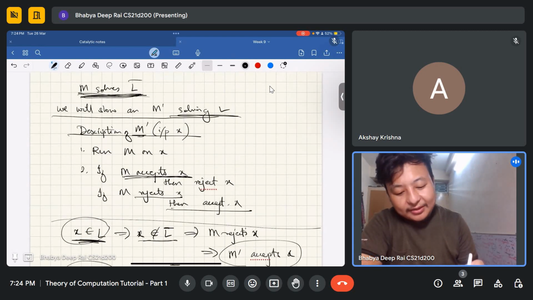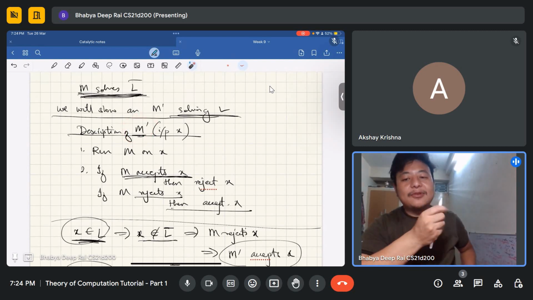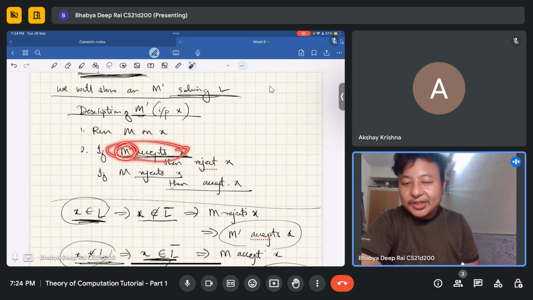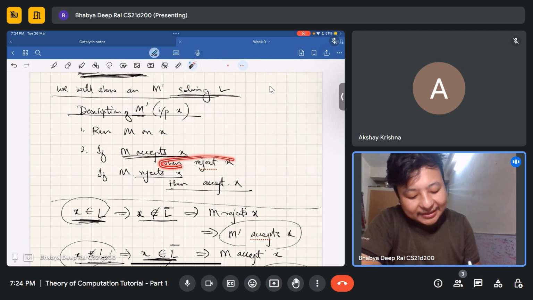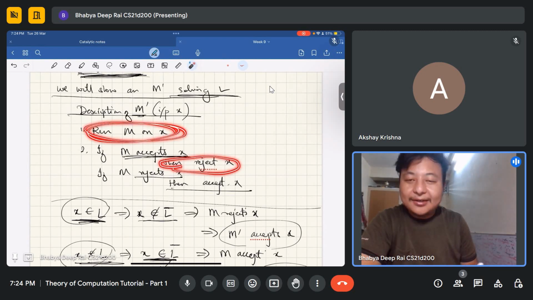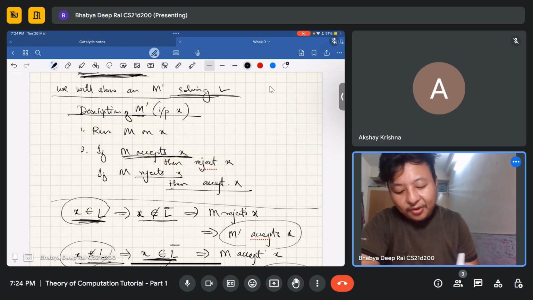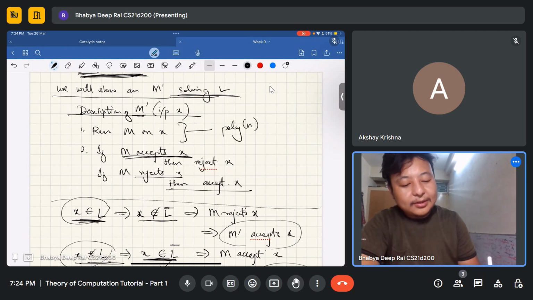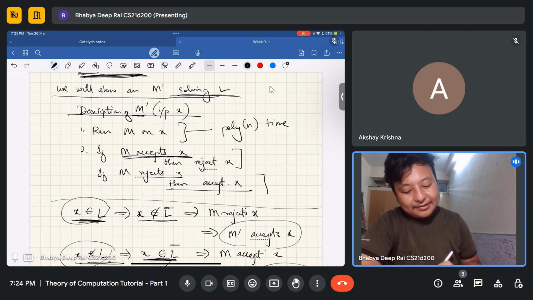This is not complete because we want to show that M prime is also a deterministic polynomial time Turing machine. But since M is already a deterministic polynomial time machine, and I just added one step to it. See, this running will take some polynomial time on the input. Now to it, I'm just adding this constant time.